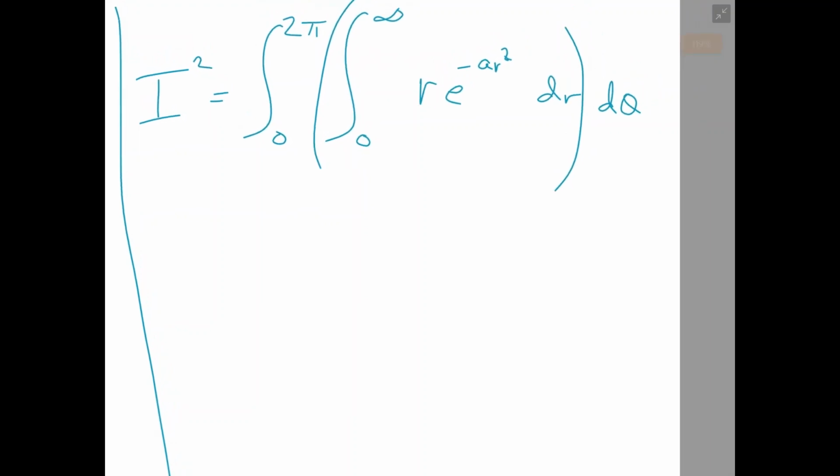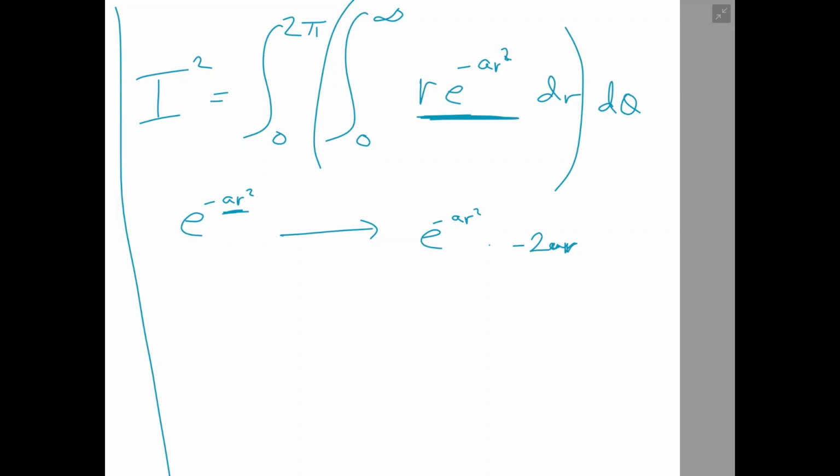What we notice here is that we could do integration by substitution to solve this first integral, or we could notice that e to the minus a r squared differentiates to itself times the derivative of the exponent. So that's that times minus 2ar.